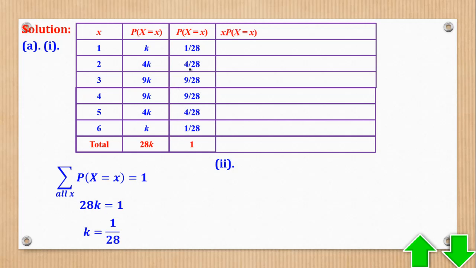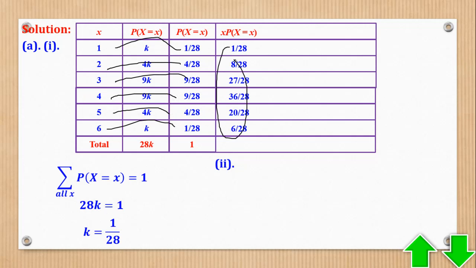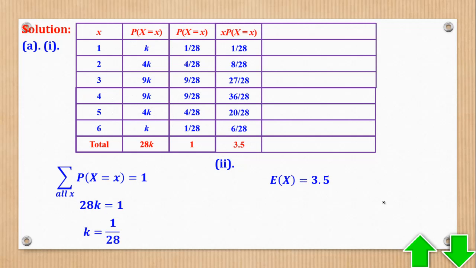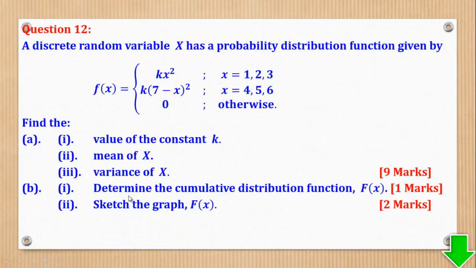Then we can get x times probability of x, multiply this times this, this times this, and so on. Then add everything here to come up with 3.5. That means that your mean is 3.5. So we're done with Roman 2.